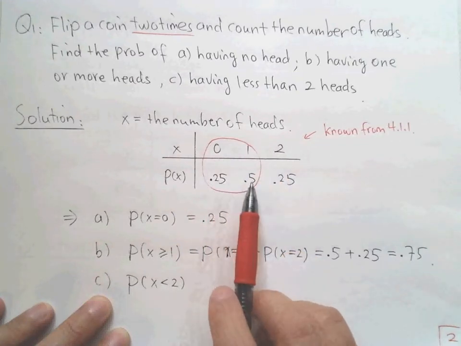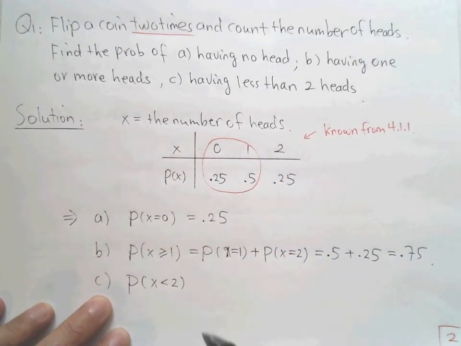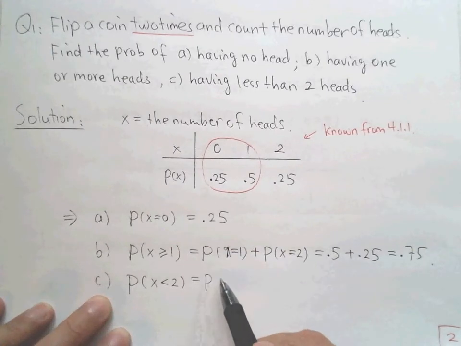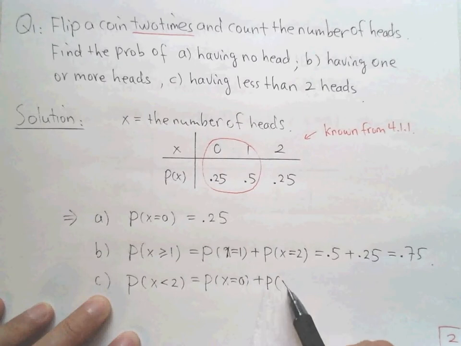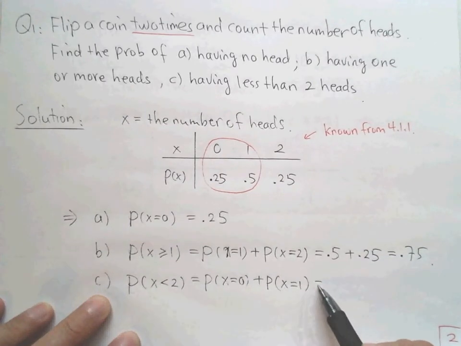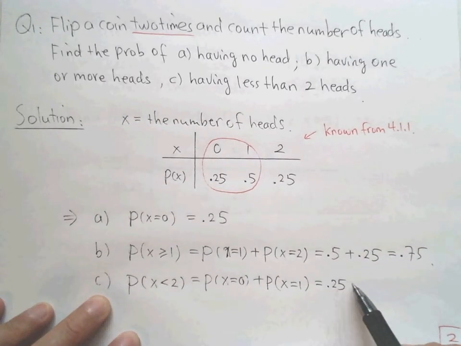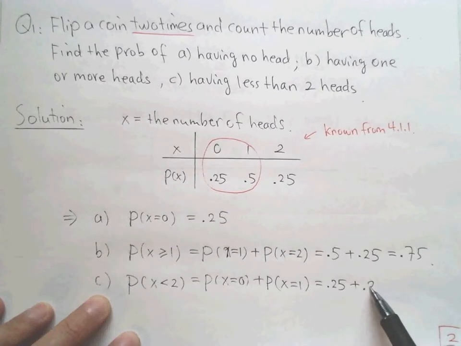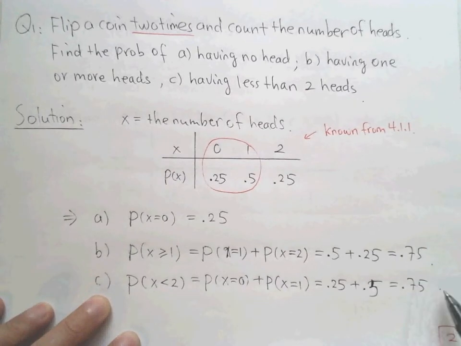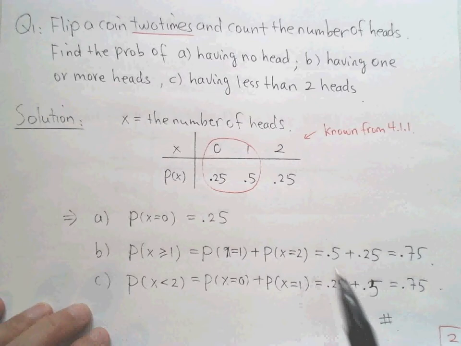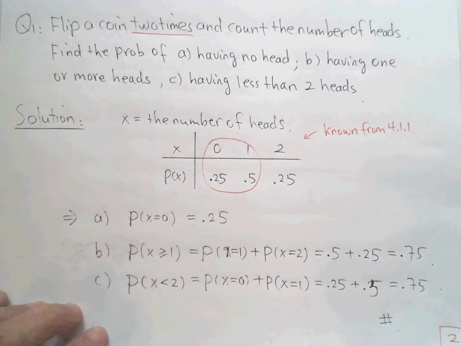What do we need to do? Add the probability that x equals 0 and the probability that x equals 1. 0 has a probability of 0.25, and 1 has 0.50. Together the answer is 0.75. This is the first example, and it is super easy to find the probability.